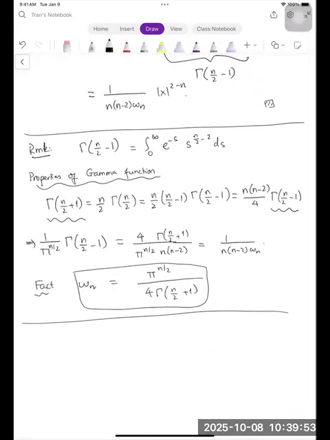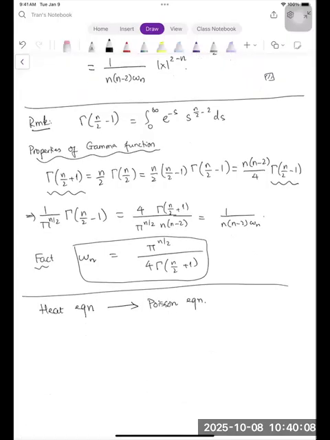Then how do we connect the heat equation to the Poisson equation? Okay, so again, Theorem 2 gives us the following.